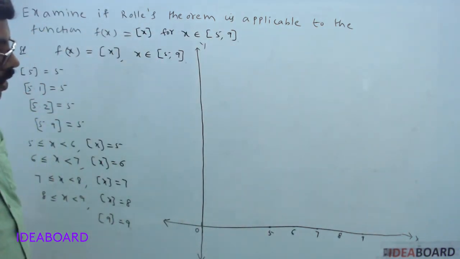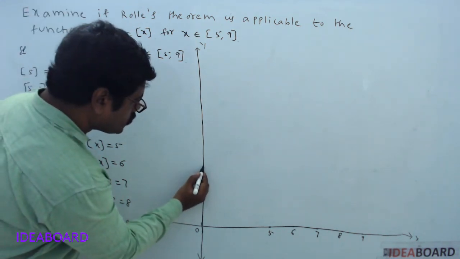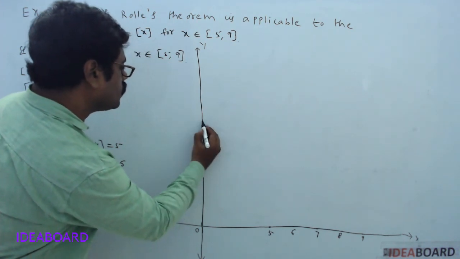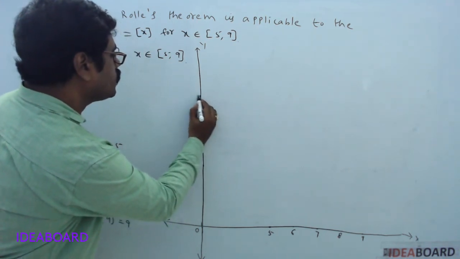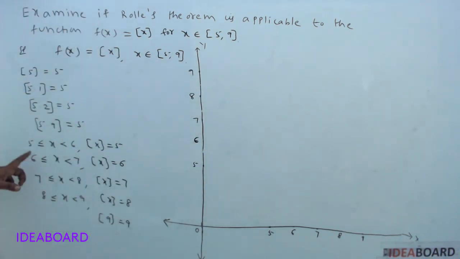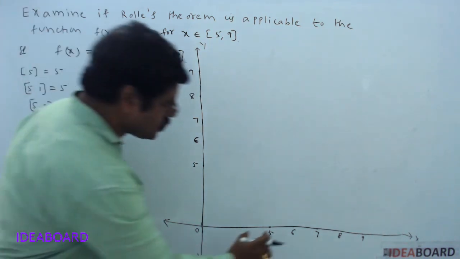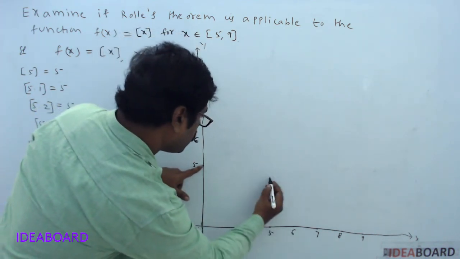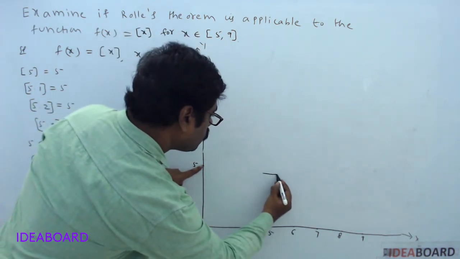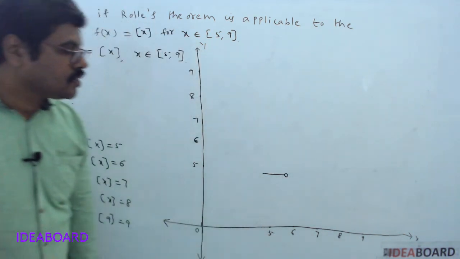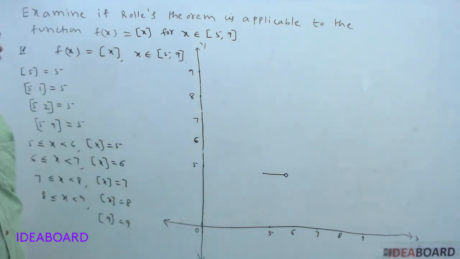Correspondingly, you can take the same values on the y-axis also. Suppose this is 5, 6, then 7, 8, 9. Now here from 5 to 6, step of x value is 5. So for x values from 5 to 6, corresponding step of x value is 5.